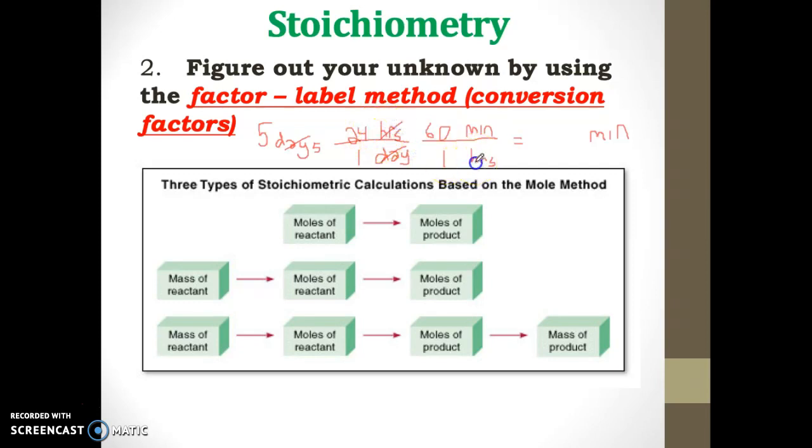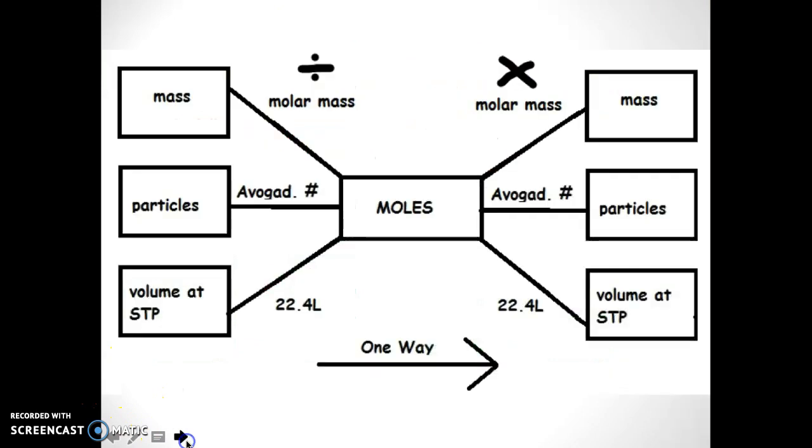Then I'd cancel hours and get to minutes. So I'd start with 5, multiply by 24, multiply by 60, and I'd get my answer right here. This is the factor label method that allows me to convert from one substance to another. And we're going to be doing the same thing in stoichiometry. But we're going to be using our balanced chemical equation to do that.